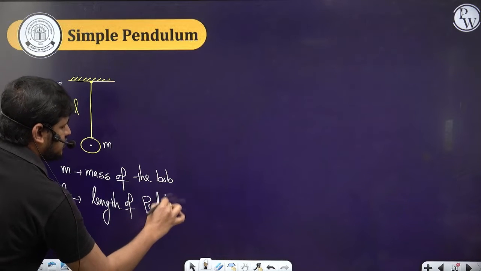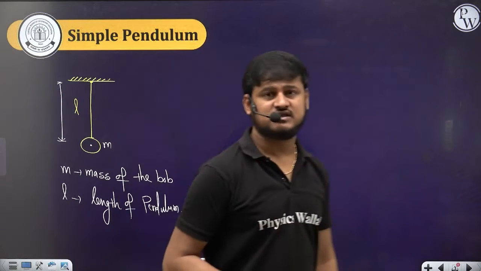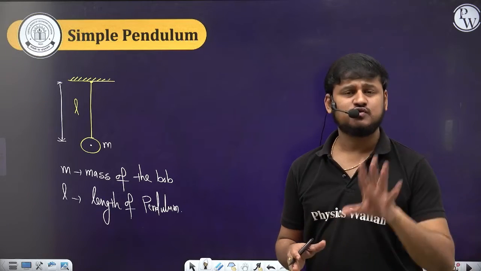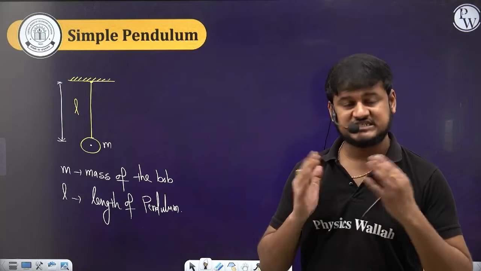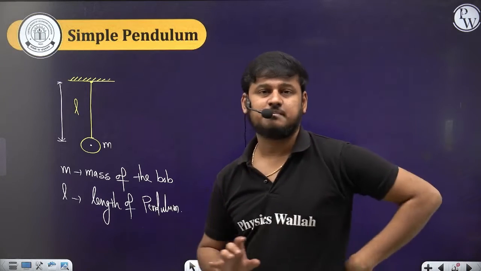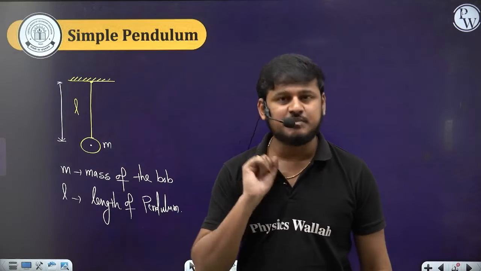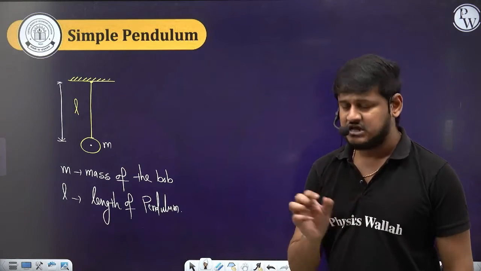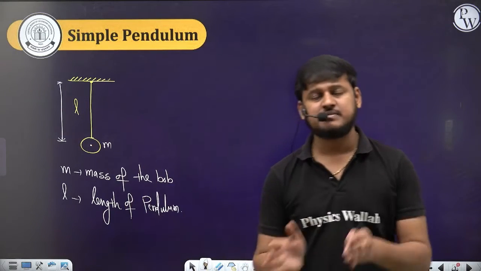Now, how do we find the time period of the simple pendulum? To find the time period of any S.H.M., we have seen 3 steps. First we find the equilibrium position where the net force acting on the body is 0, and then we displace it by a small displacement x from its mean position.